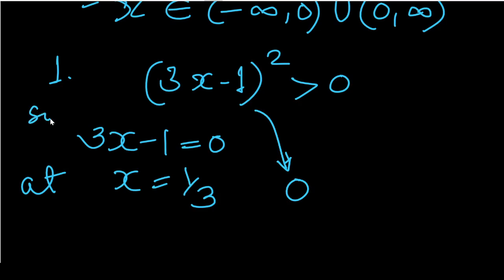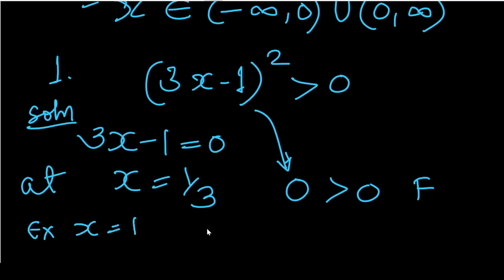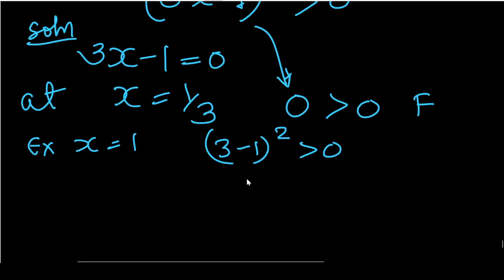Okay, so in that case 0 greater than 0 would be false. Any other value, for example, if you take x equals 1, this becomes (3 minus 1) whole square, which is 2 square, 4, greater than 0, which is true. Any other value apart from x equals 1 by 3 would be true.